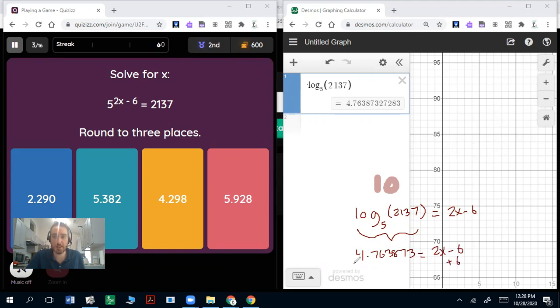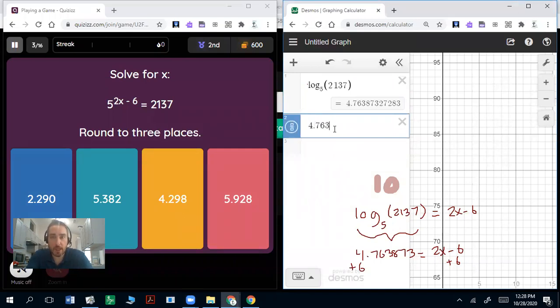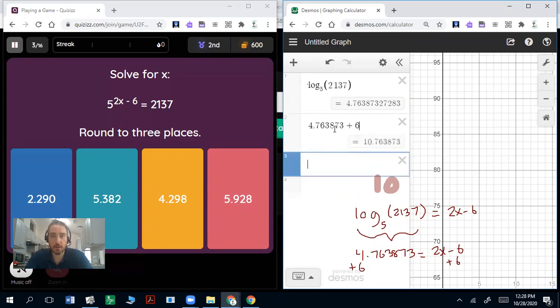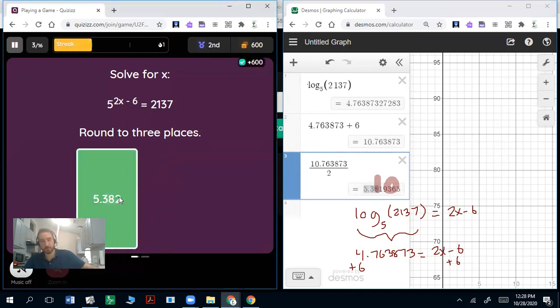Add 6 to both sides, and you're going to get 10.763873. And then you're going to divide by 2. So I will do that work in the calculator. We take 4.763873 plus 6, then take 10.763873 and divide by 2. And that gets us 5.38. Oh, good.